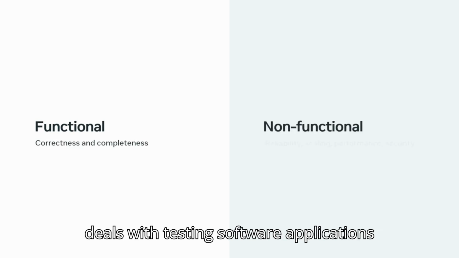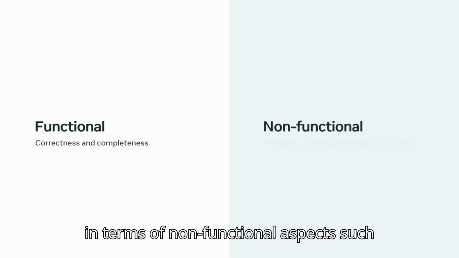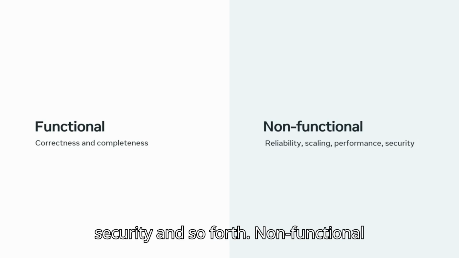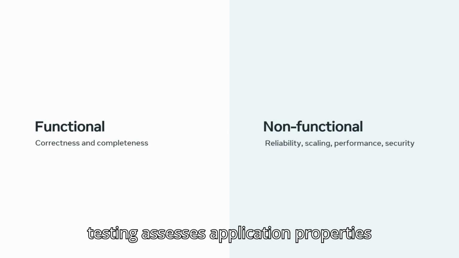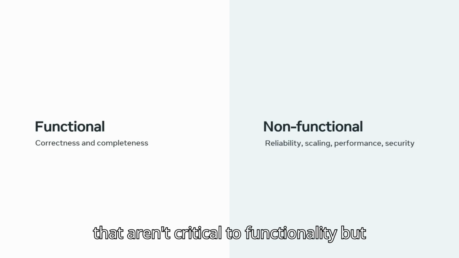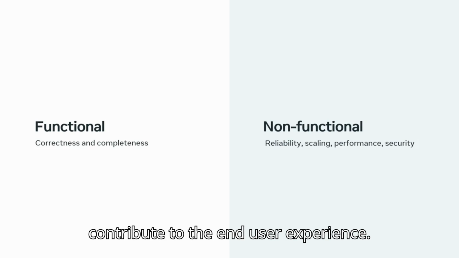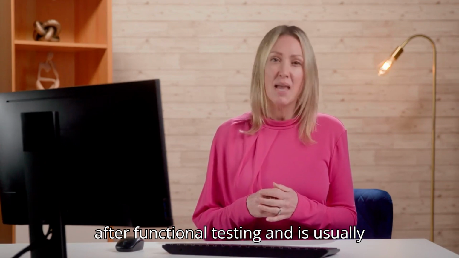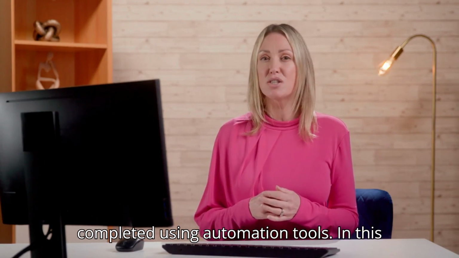Non-functional testing deals with testing software applications in terms of non-functional aspects such as reliability, scaling, performance, security, and so forth. Non-functional testing assesses application properties that aren't critical to functionality but contribute to the end-user experience. Generally, non-functional testing is done after functional testing and is usually completed using automation tools.